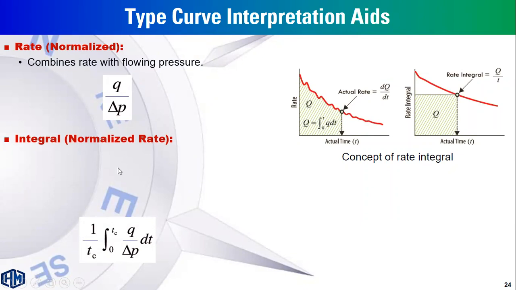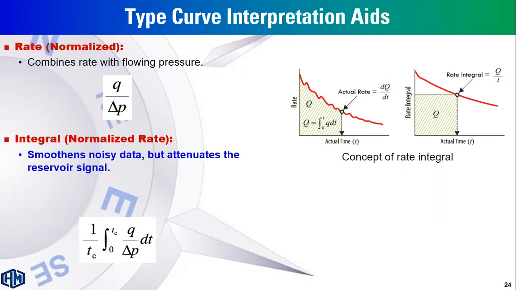And the integral of this term will be used to reduce the fluctuation of flow rate data, which is a common issue in rate transient analysis, and also will make the data more smooth and valid for interpretation.